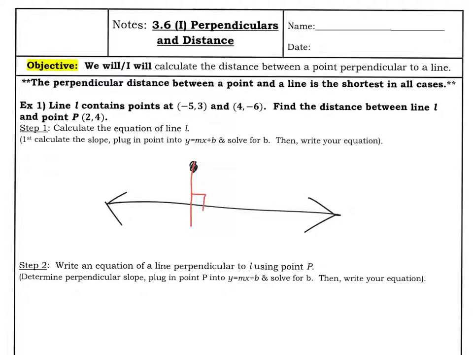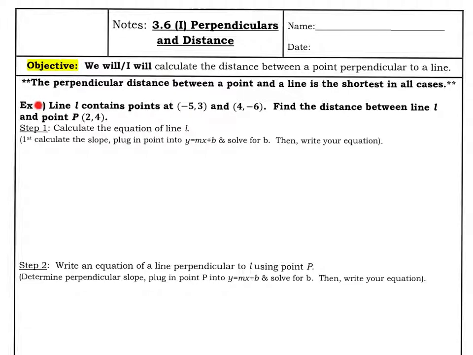You wouldn't want to do a long diagonal line. Remember your rules of triangles, the hypotenuse is the longest side of the triangle. So if you do a diagonal line, you're traveling a farther distance than the perpendicular line going from the point to that line. That's conceptually what we're doing in this video.